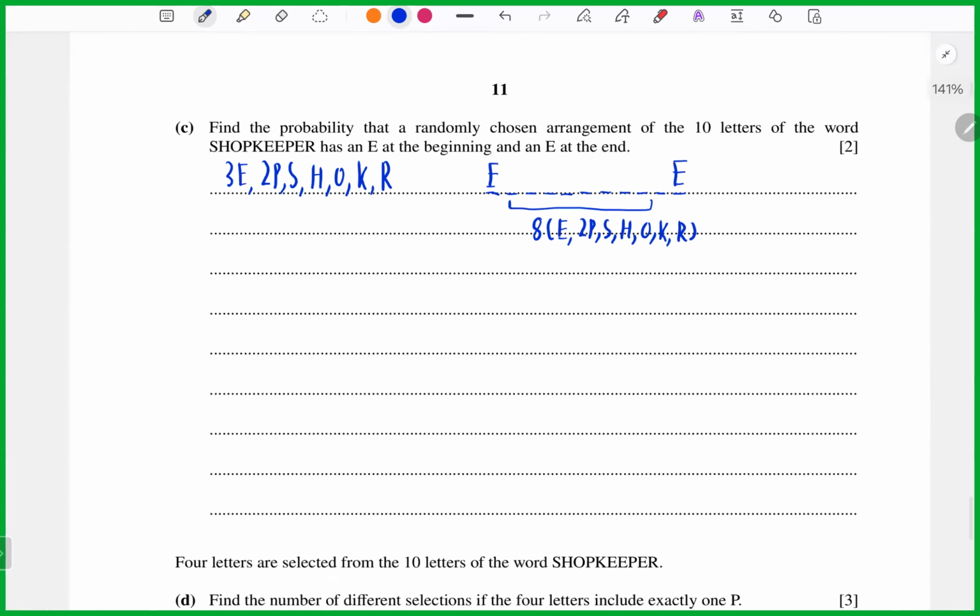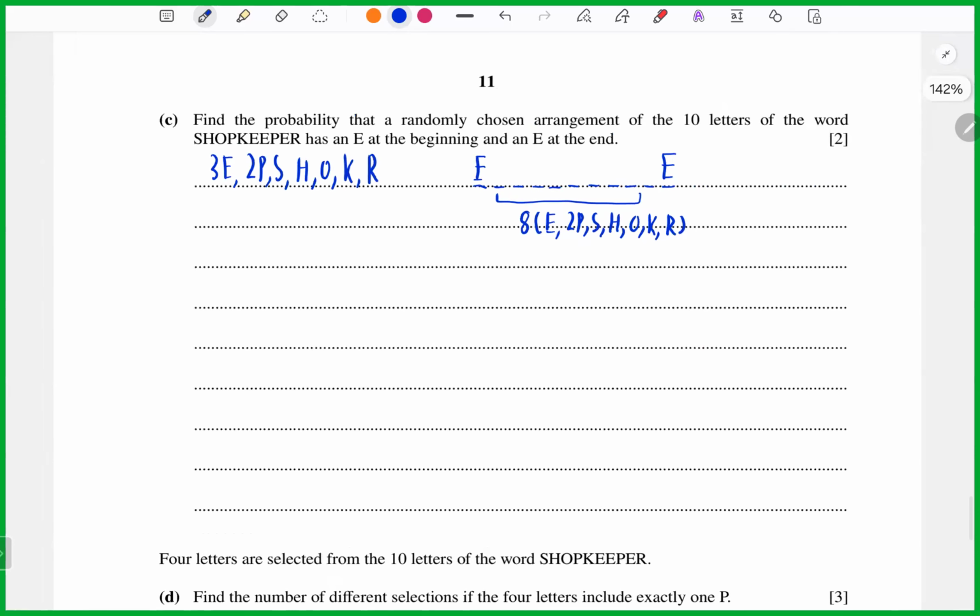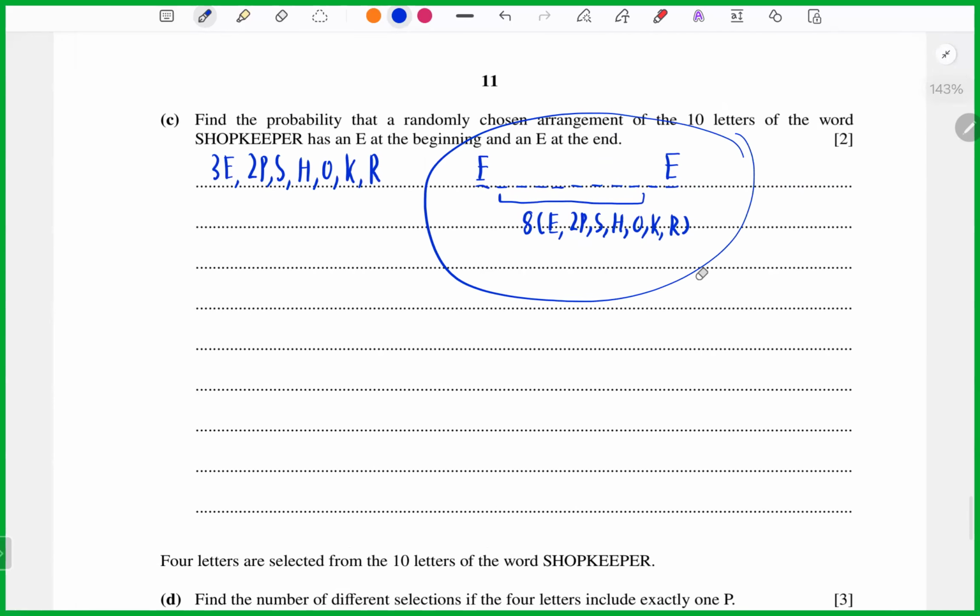Now we need to find the probability. So we find this arrangement first. You can take 8 factorial divided by 2 factorial, where the 2 factorial is for 2P. So the answer is 20,160.